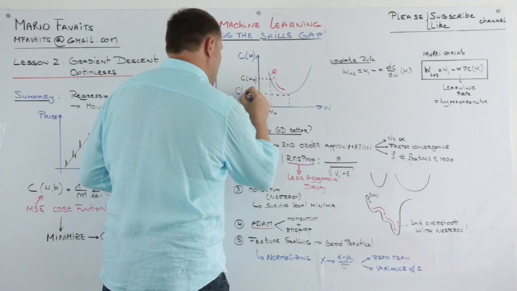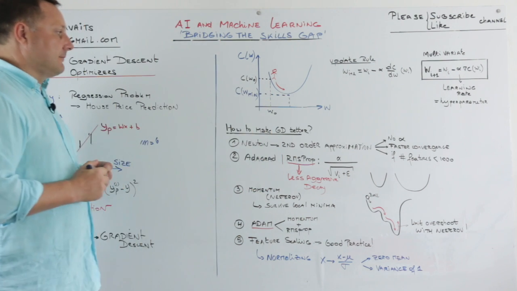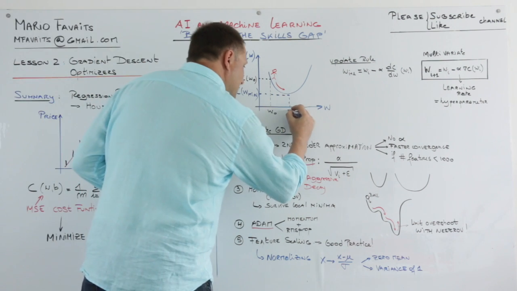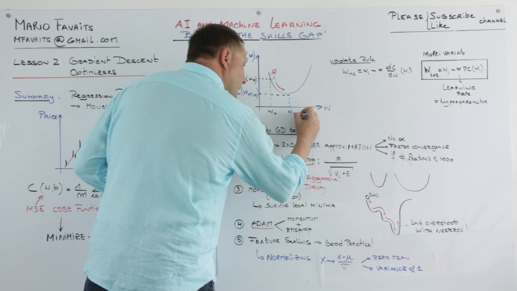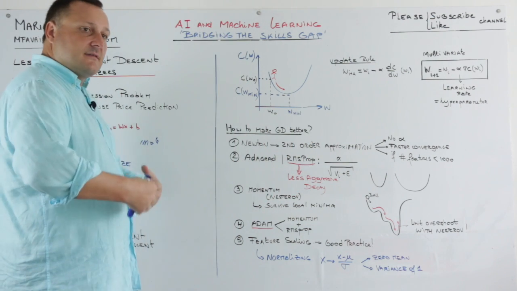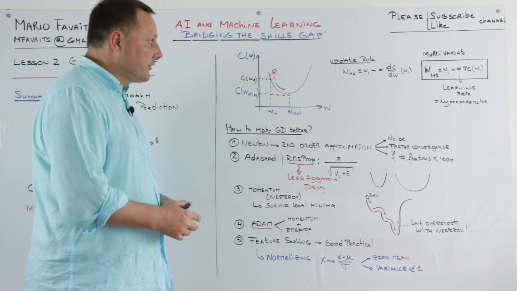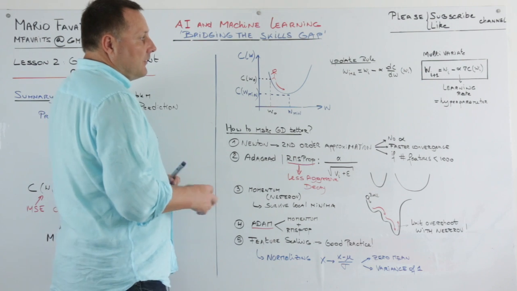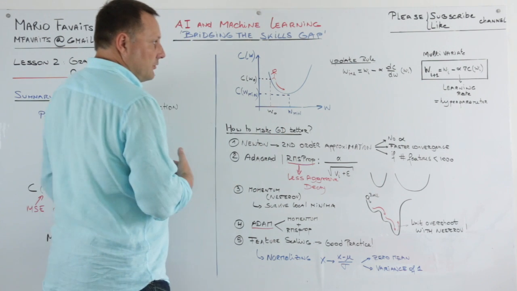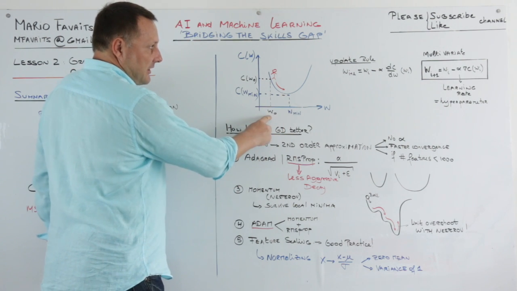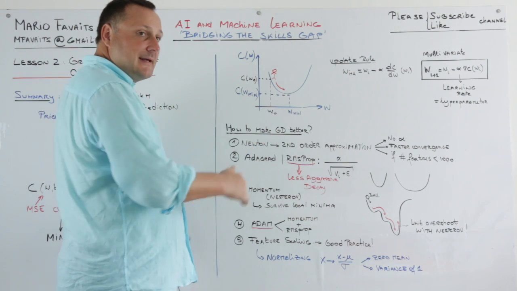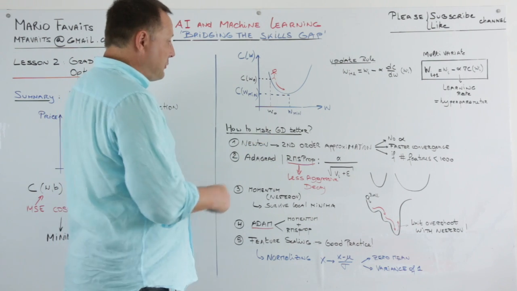Right? Call this the cost W minimum. And this here is W minimum. This stepping downwards, we can reflect in an update rule. So we start here, we calculate the gradient in that point.